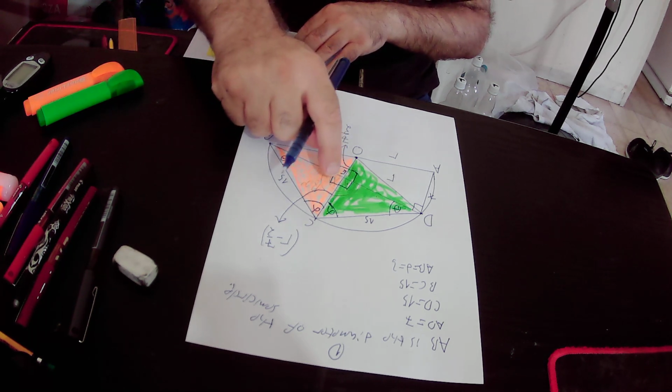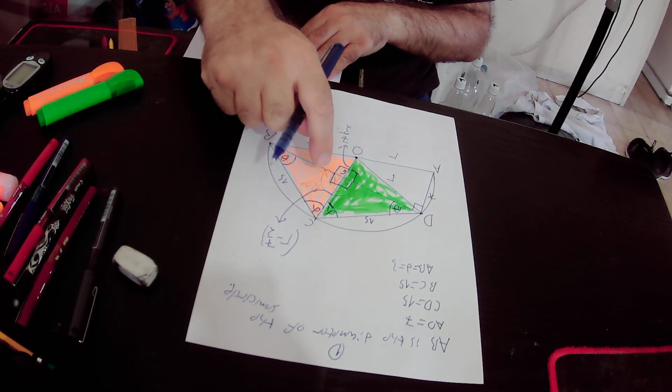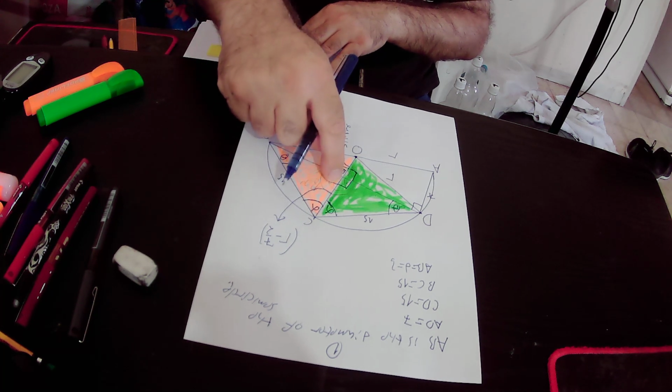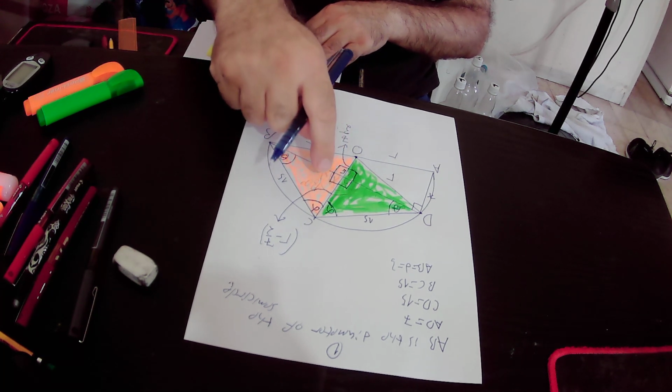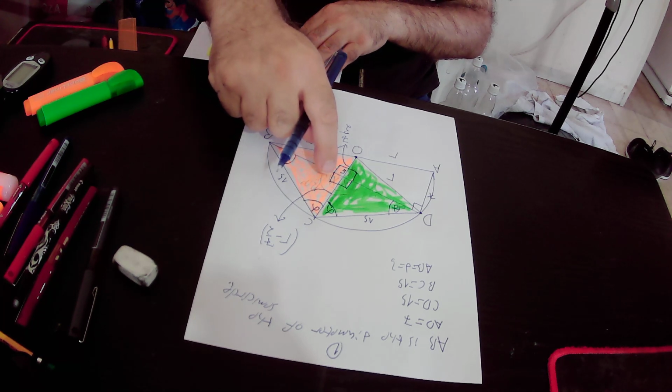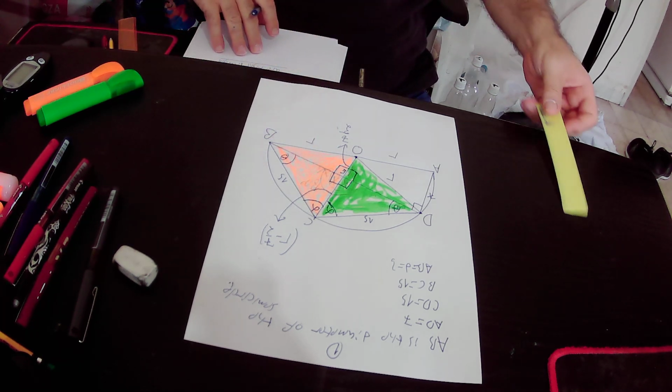BEC is a right triangle because angle BEC is a right angle. This angle is a right angle, therefore triangle BEC is also a right triangle.